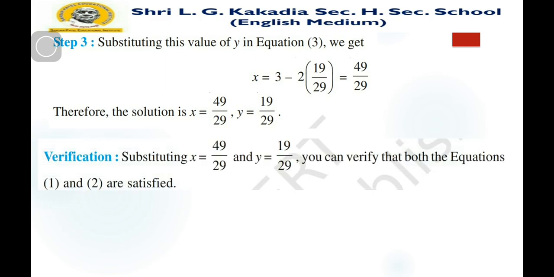Verification: substituting x is equal to 49 by 29 and y is equal to 19 by 29, you can verify that both equation 1 and 2 are satisfied. If you put x and y in the given equations, we can say that both values satisfy equation number 1 and equation number 2.